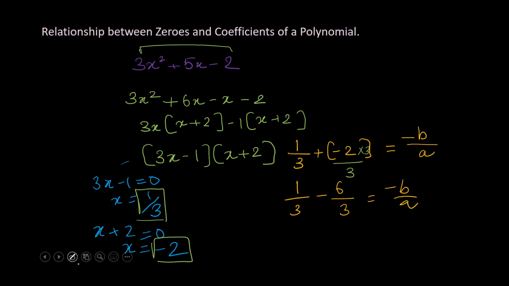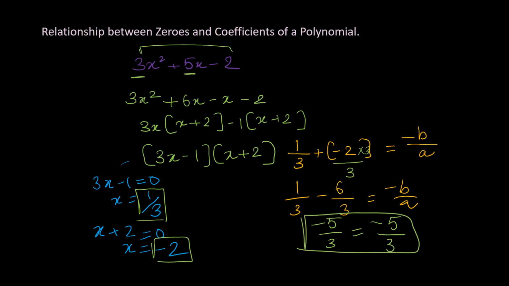Now 1 minus 6 by 3 is minus 5 by 3, and if you notice, b, the coefficient of x here, is 5, and minus of 5 is minus 5, and a, the coefficient of x square, is 3. They both are equal, so the first relationship is satisfied.